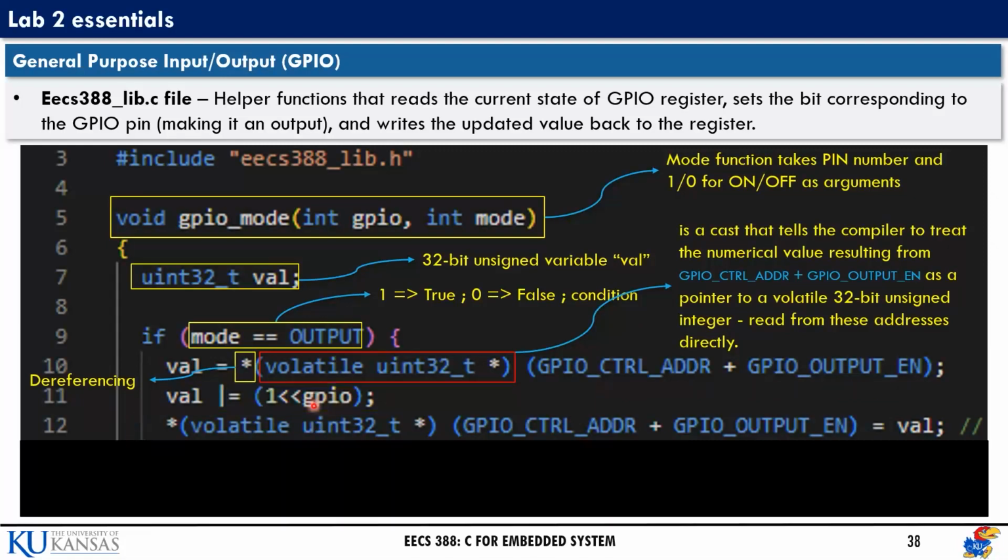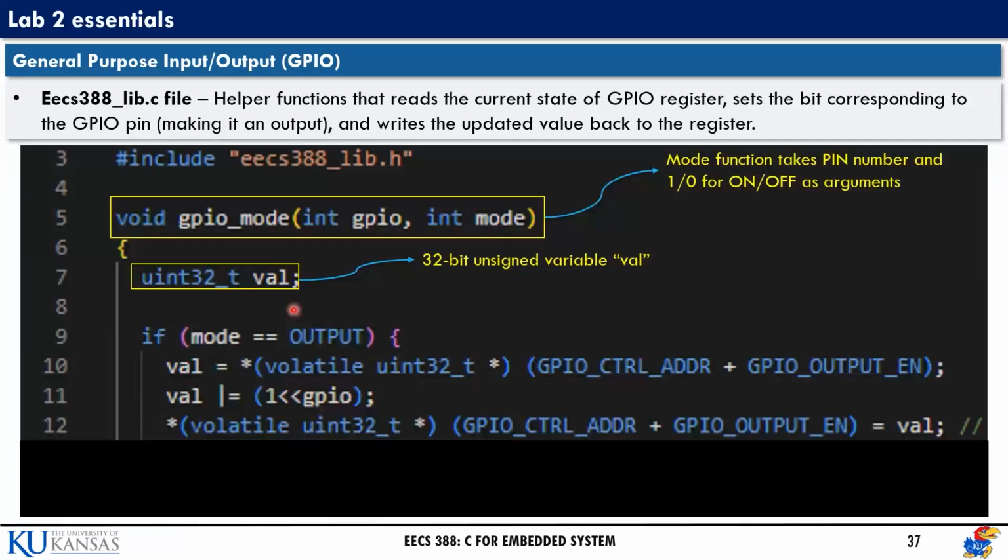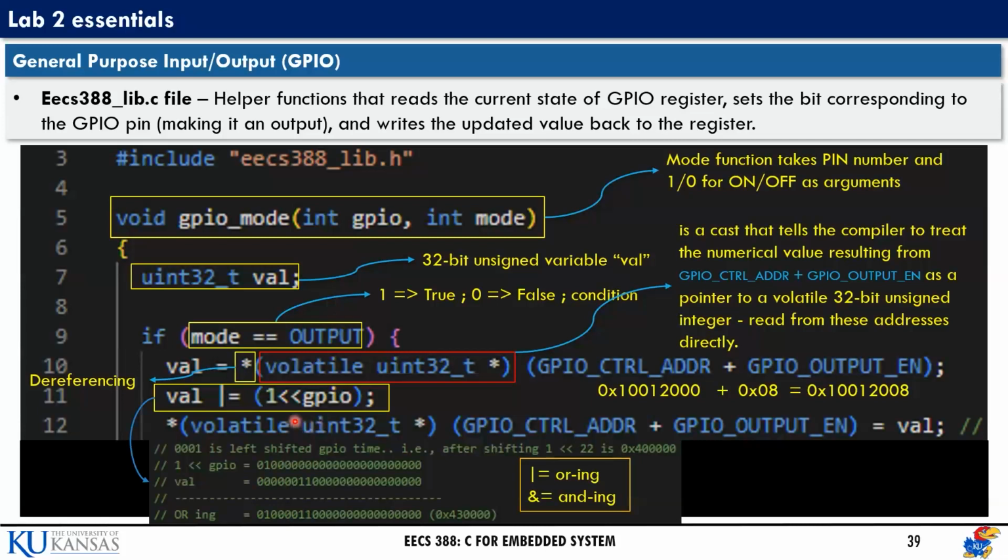For example, if we want to turn on the red LED, we know the value is 22. So we are shifting 1 left by 22 times. So here 1 left shift 22 is basically this binary value. And if you convert this binary to hex, you will get 0x40000.